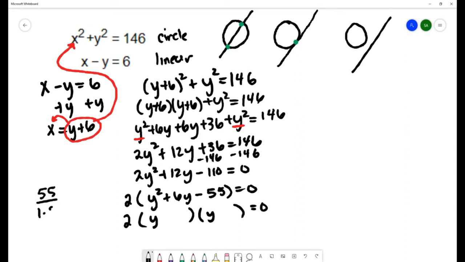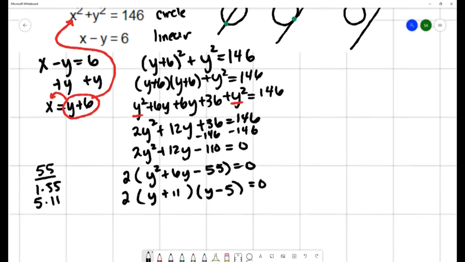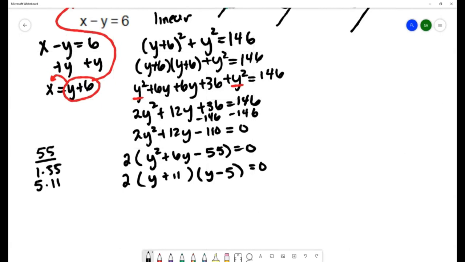That's 1 and 55, 5 and 11. 5 and 11, the difference of that is 6. So that looks like it's going to work for us. So we can use a plus 11 and a minus 5. That'll create the right middle term so that we can get 6y in the middle.